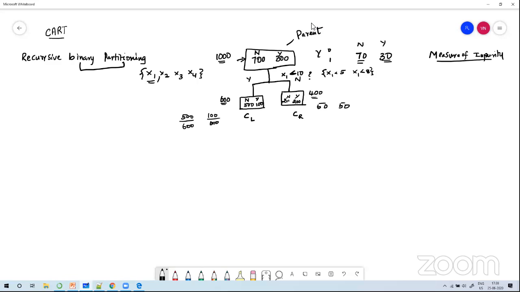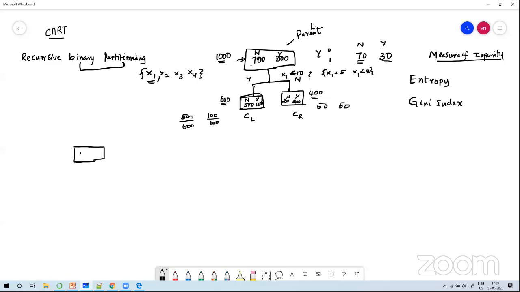We are going to use this metric to decide if the proportion of yes and no observations in the children is better than the proportion between yes and no at the parent node. The commonly used measures of impurity are entropy and the Gini index. Now let's see what entropy is and how it works.